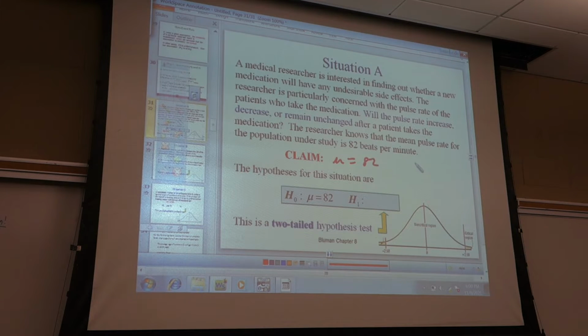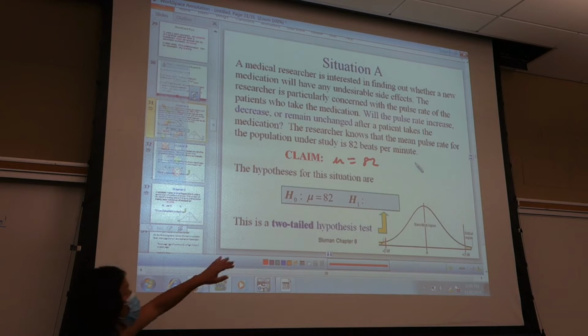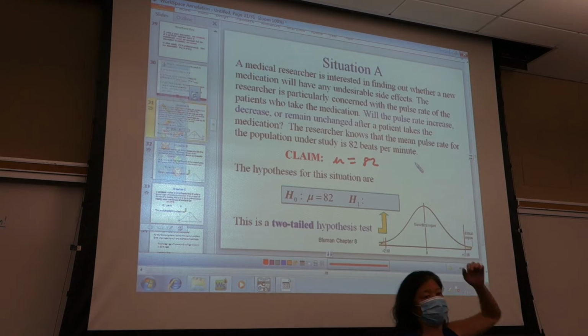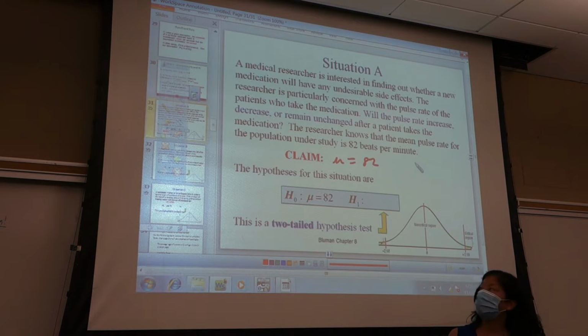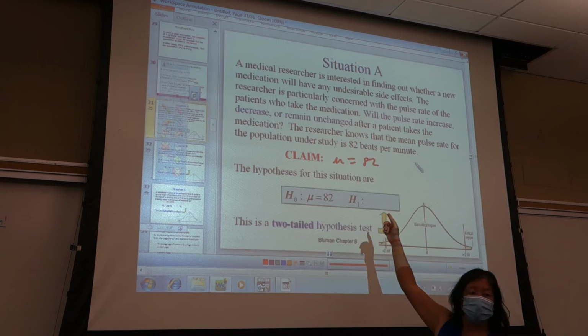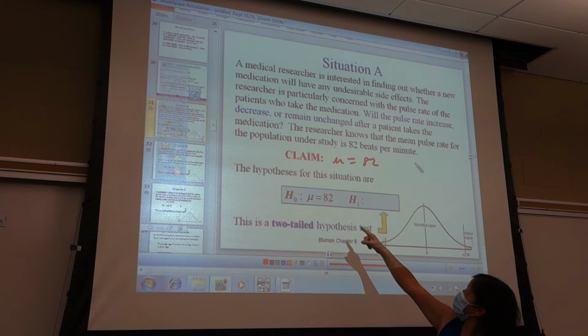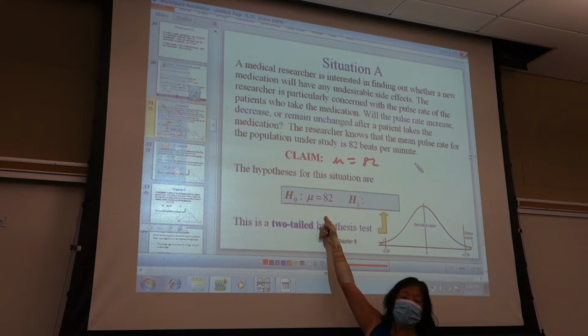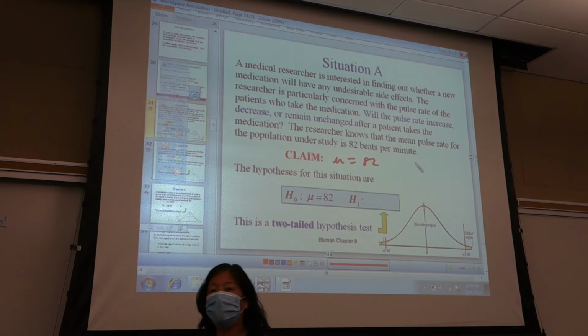The same as everybody else. So my claim is that if you take my medication, the average heartbeat will still be 82 beats per minute. Is that H0? Yes, it's the same thing. So my claim is H0.